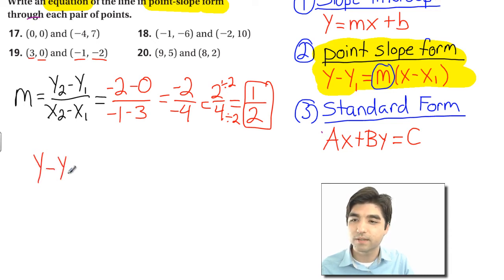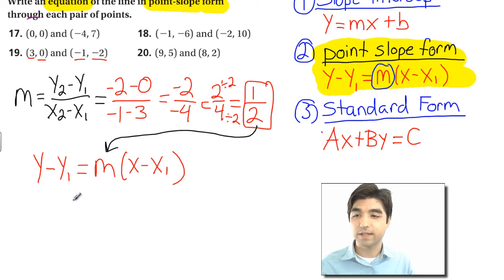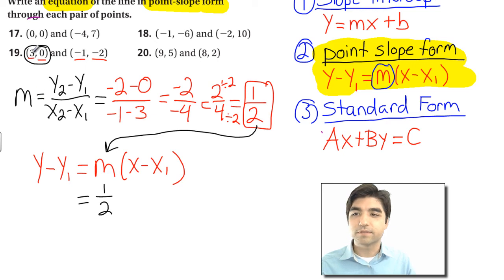Then we write the regular form of our point slope. y minus y1 equals m times x minus x1. So you take your 1/2 and put it in the equation for m. Then you need to pick one point and plug it into the equation. We're working with 19 here, so let's do (3, 0). The 3 is x and the 0 is y.